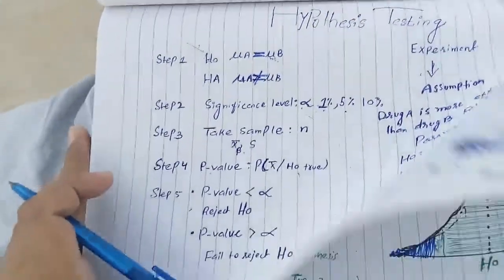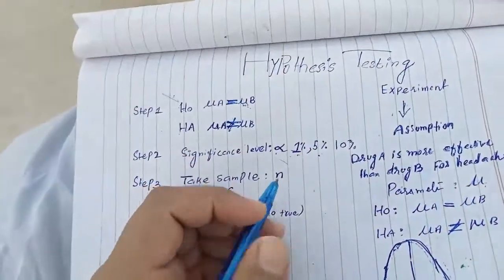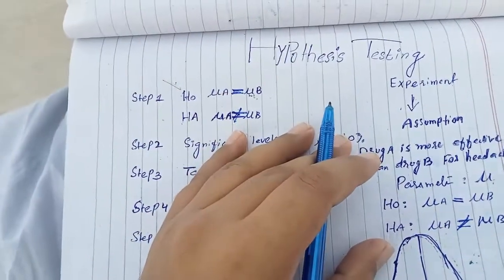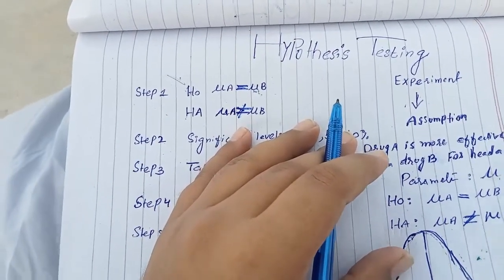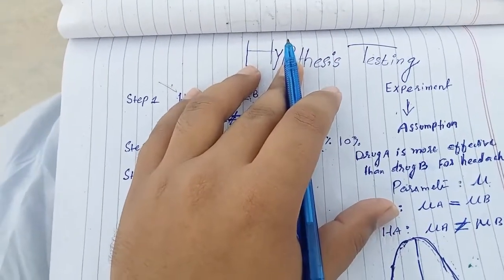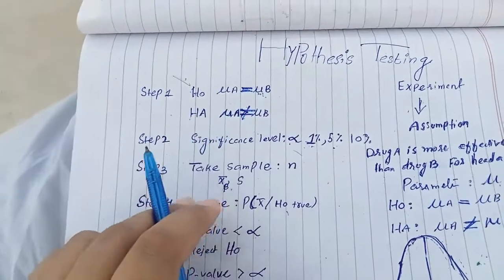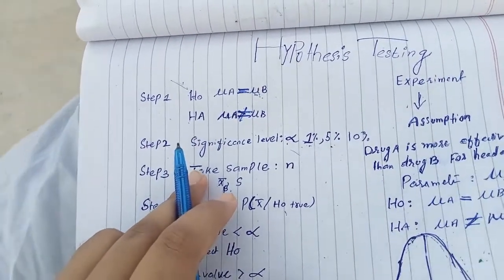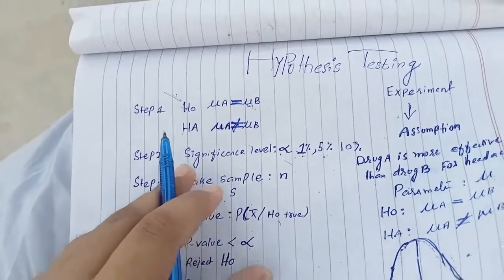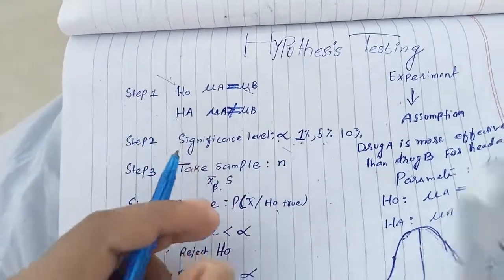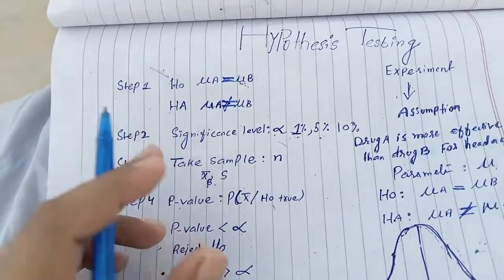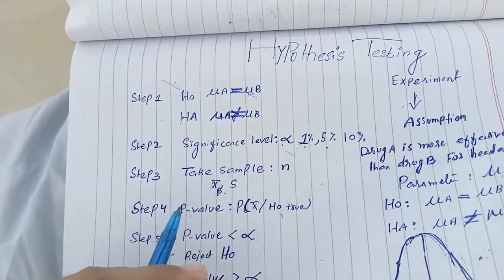Now, one more thing: hypothesis testing is an inferential method, right? In hypothesis testing we work on a sample. We take a sample, and based on the sample we draw a conclusion about the population, with experiments, surveys, research, any kind of thing.